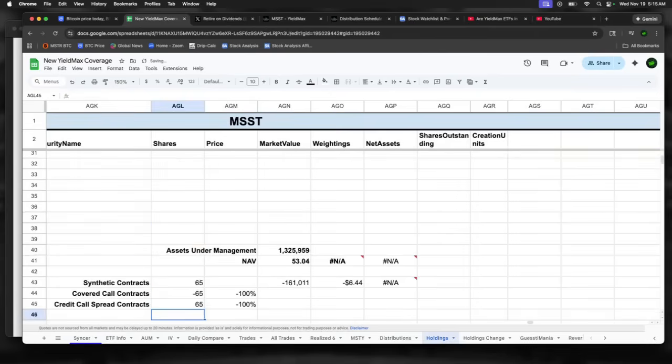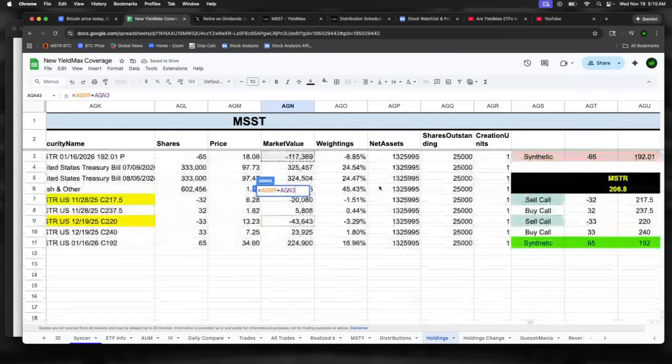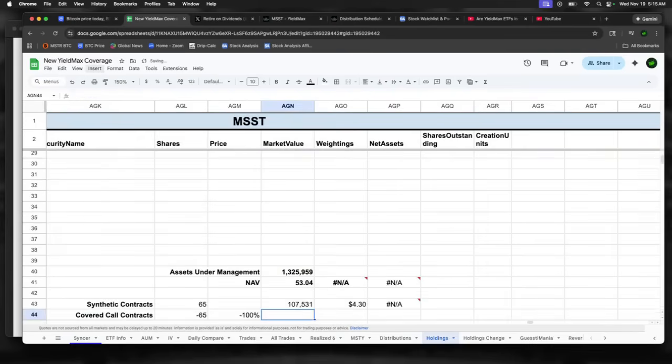Credit call spread on the whole thing. And then, of course, we add the synthetic. This synthetic is going to be worth money, because like we said, they had a good day and their share price did go up. So their synthetic value is 107,000. Not bad at all. All right, so that's the update on the holdings.